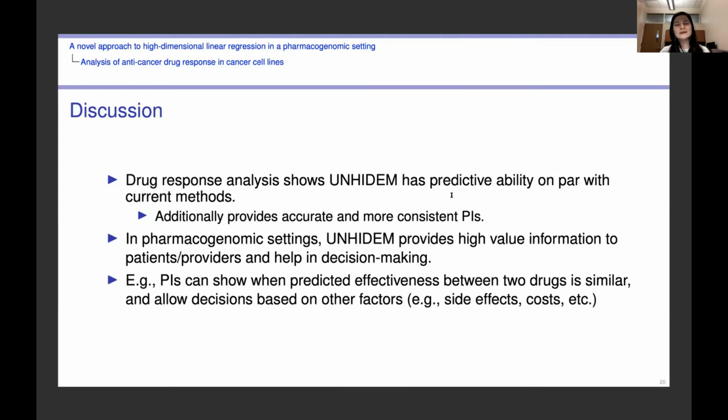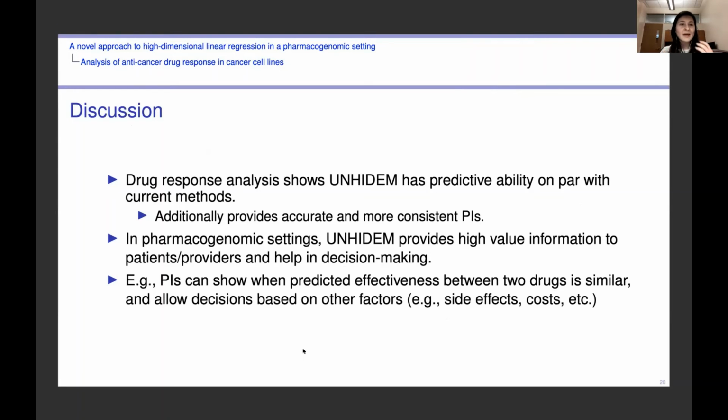And so what we see from these results is that we're able to predict well, but we provide accurate and more consistent prediction intervals. And in this pharmacogenomic setting, this is high value information to patients and providers, and it helps make decisions.